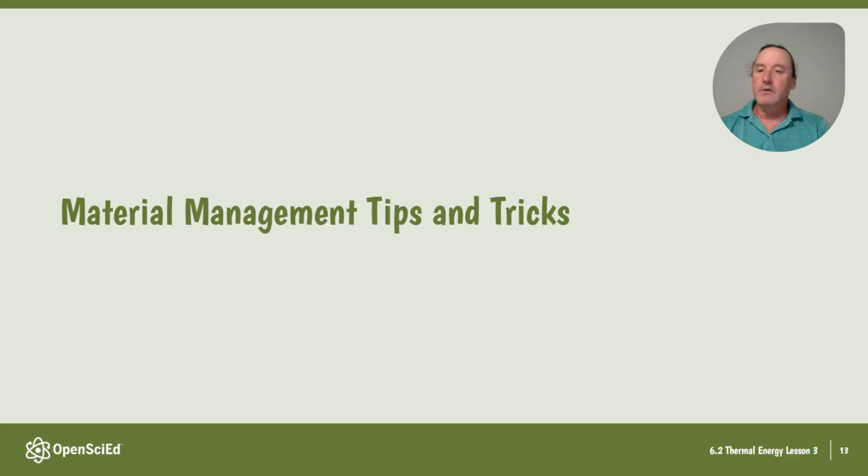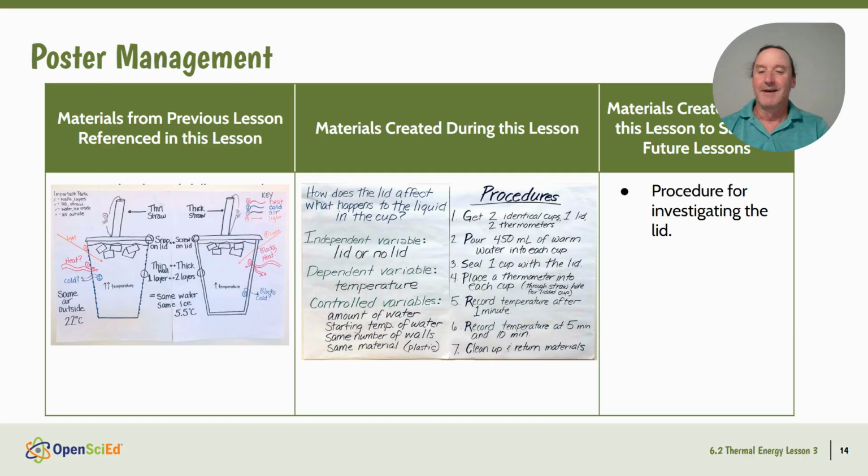I have a few materials management tips for you and a couple of tips and tricks about the key moments in the lessons. First one, for posters and artifacts to have up and around, having the model that you made as a class available while they're making their individual models is really helpful to kids because it gives them a way to look at and try to remember what to include.